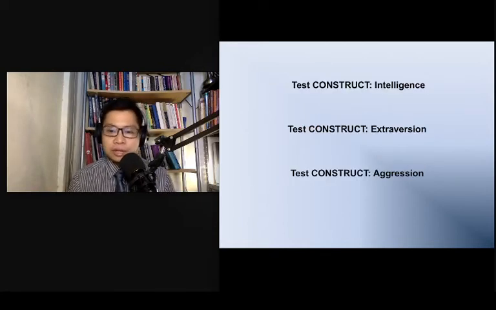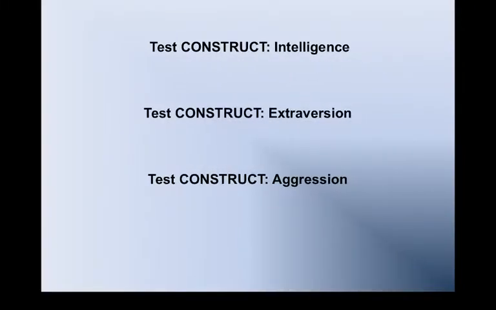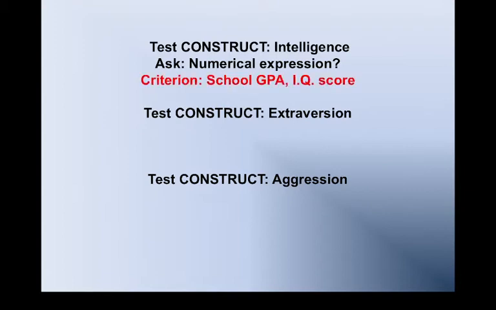Halimbawa, yung intelligence, sabi ko nga kanina, is a test construct. Question, ano kaya yung ibang mga observable indicators of intelligence? Or ano ba yung mga iba't ibang mga numerical expressions of intelligence? Yung kapag nakita mo tong number na ito, pwedeng mag-reflect yan ng intelligence ng tao. Examples would be school GPA. Yung school GPA, yung grade sa eskwelahan, can be the numerical expression of intelligence.